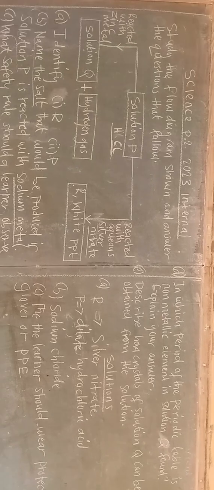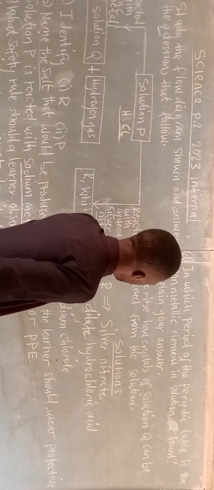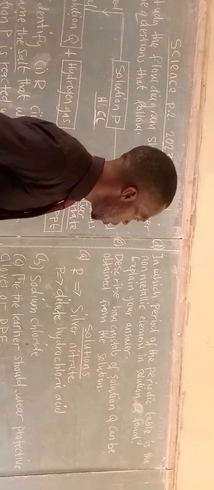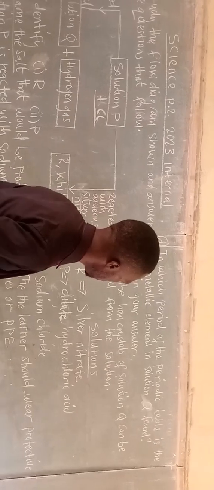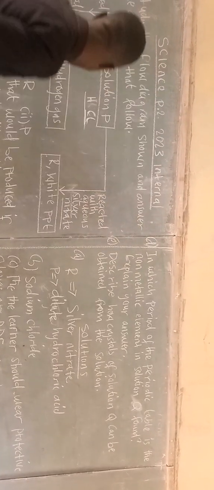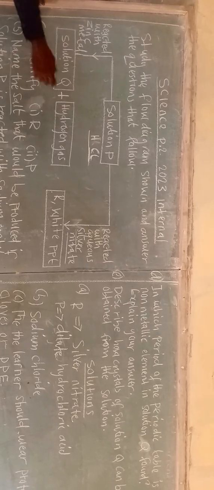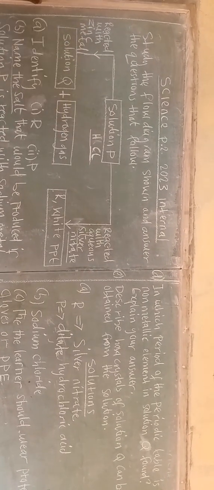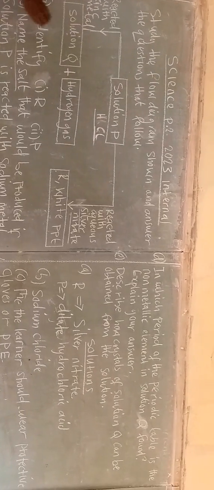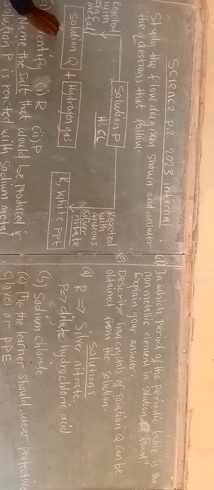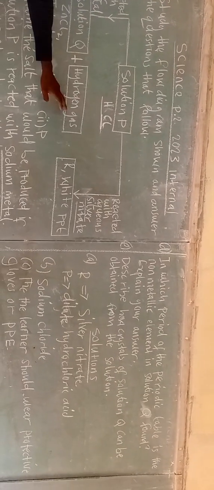Okay, we move on. We go to D. D is here: in which period of the periodic table is the non-metallic element in solution Q found? So what is the non-metallic element in solution Q? We said when hydrochloric acid is reacted with zinc metal, it will give us zinc chloride, which is ZnCl2, plus hydrogen gas.